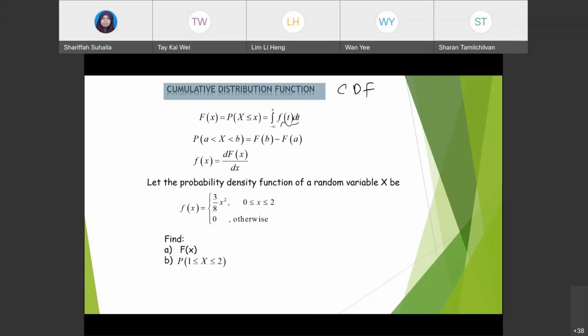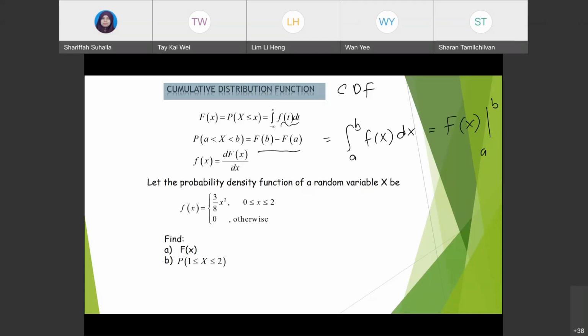If we have x between a and b, normally we do the integration from a up to b of f(x) dx. When you integrate small fx, you get back your capital Fx, so you just substitute a and b and you get F(b) minus F(a). That is called a definite integral, which you already learned in calculus.